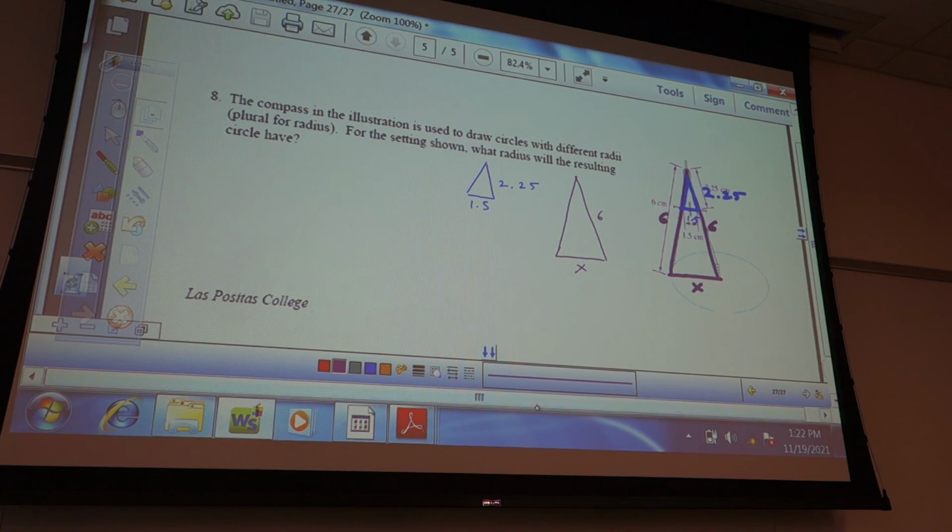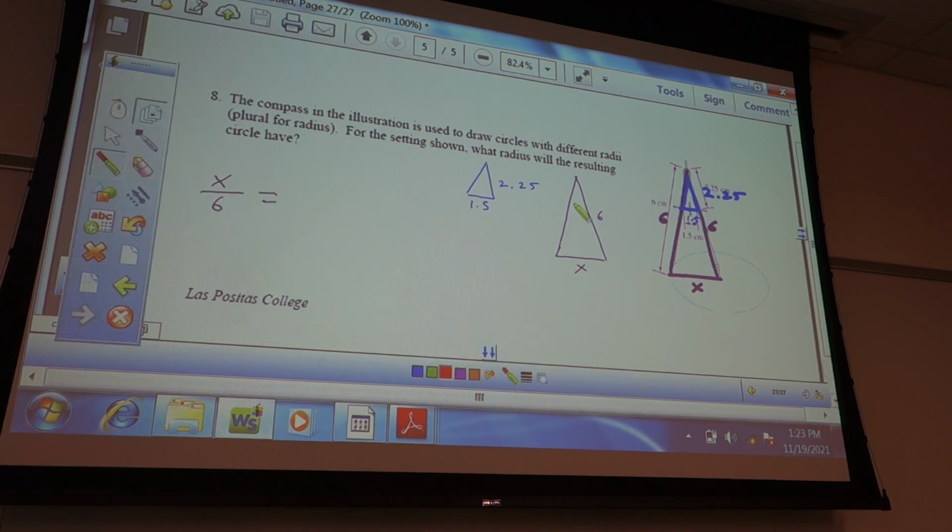So again, I'm going to put the X on top over 6. I need to figure out what should equal over here. And whatever one matches up with this guy is the one that should be on top. Does that make sense for folks? All right, so go ahead and sort that one out.